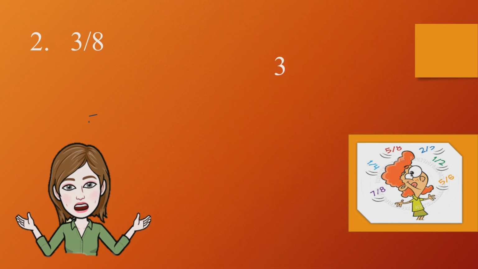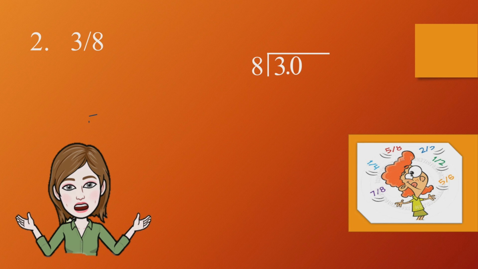So that would be 3 divided by 8. Again, we cannot divide 3 by 8. So we have to add 0 and decimal point after 3. So again, our division problem looks like 30 divided by 8, but we have decimal point.